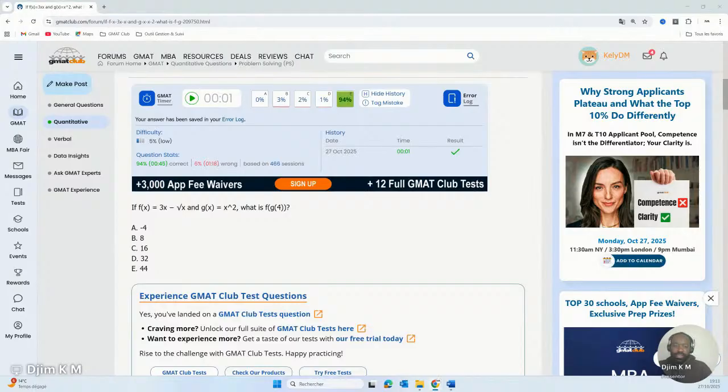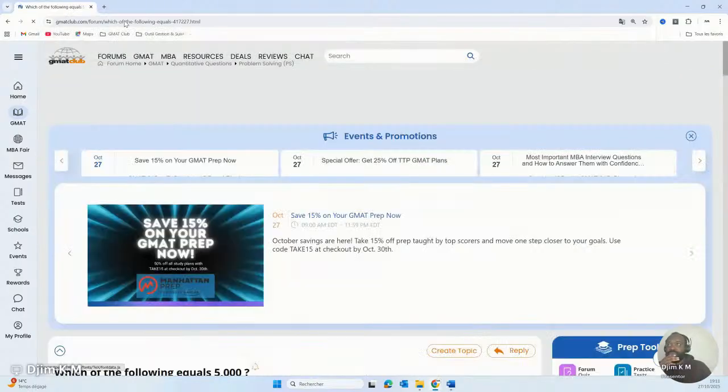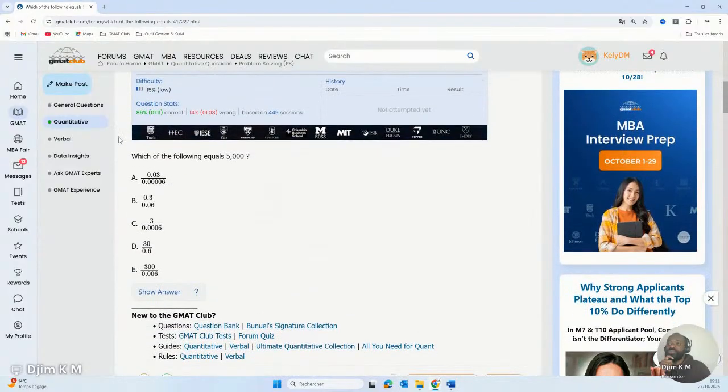Let's go to the second question. Which of the following equals 5,000?